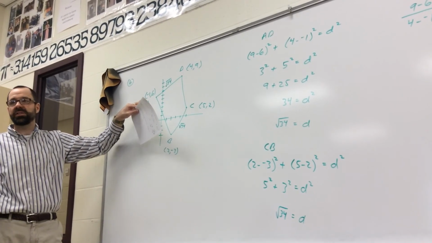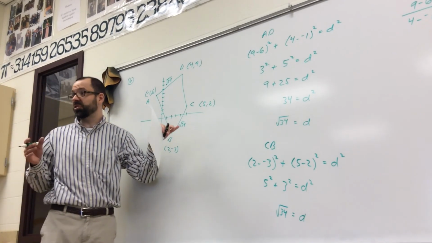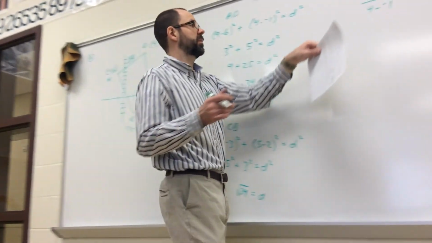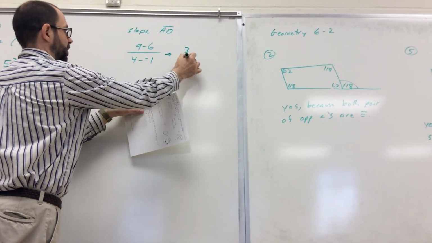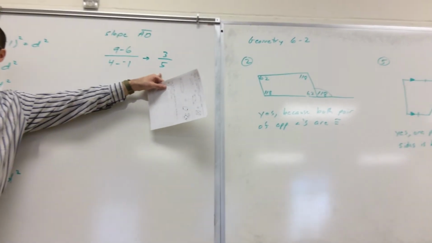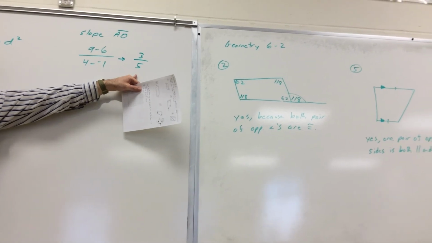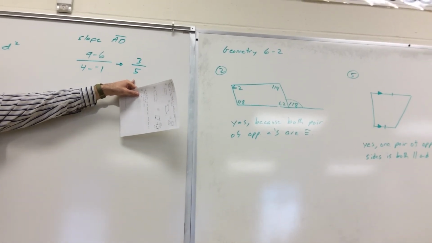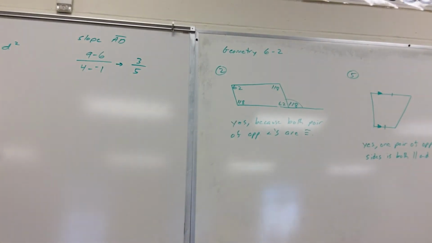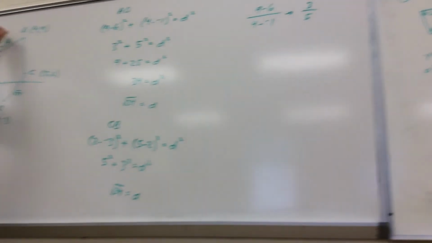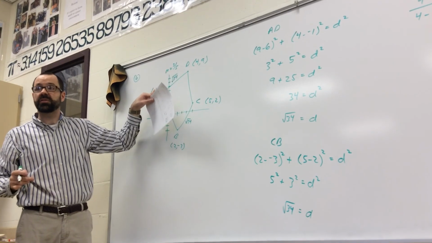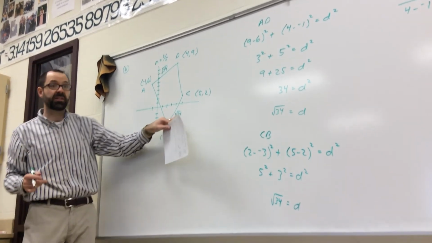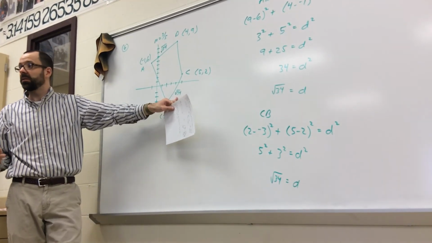Except you make a fraction this time when you're doing slope. All right, so 9 minus 6 comes out to 3. 4 minus negative 1 comes out to 5. So that means the slant is 3/5. So my slope is 3/5.